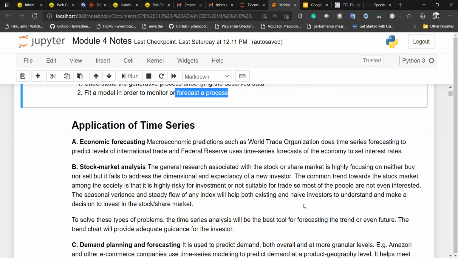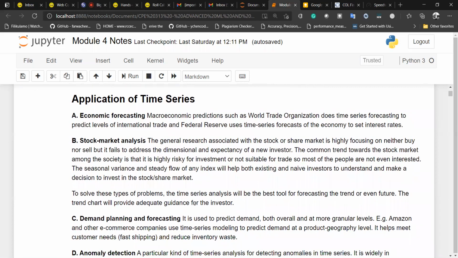So most people are not even interested in trading. People are afraid to enter trading because of the volatility of the market. Now, the seasonal variance and steady flow of any index will help both existing and naive investors understand and make a decision whether they want to invest in the stock or share market.